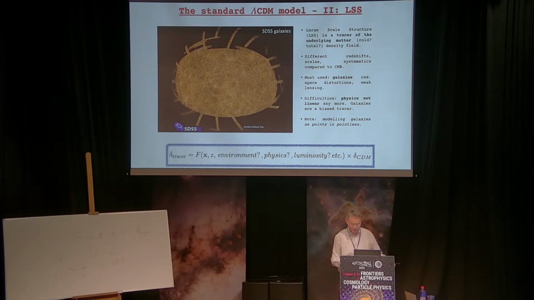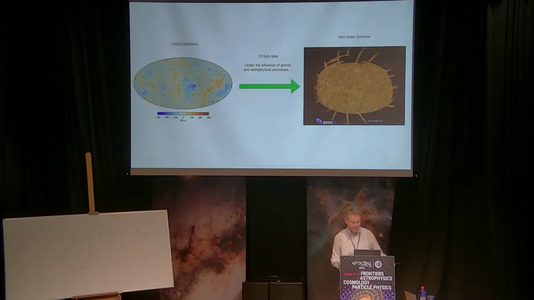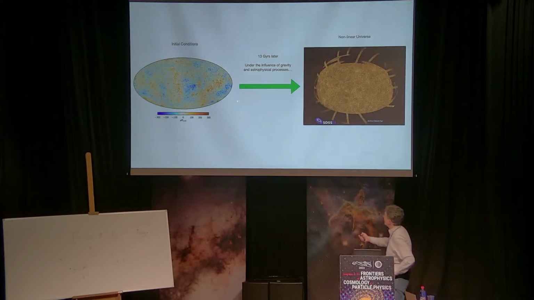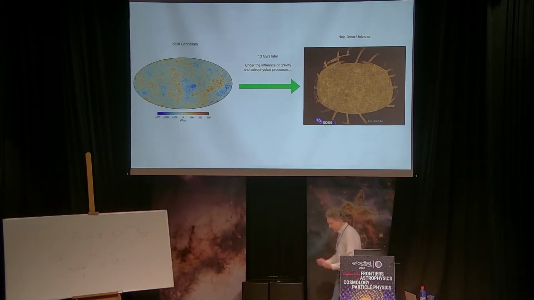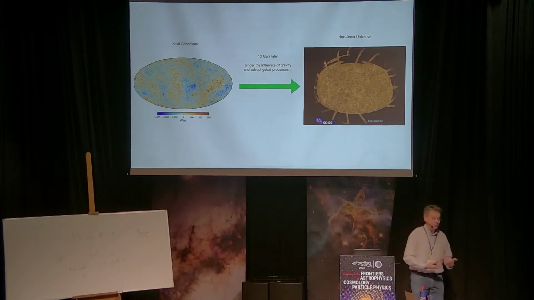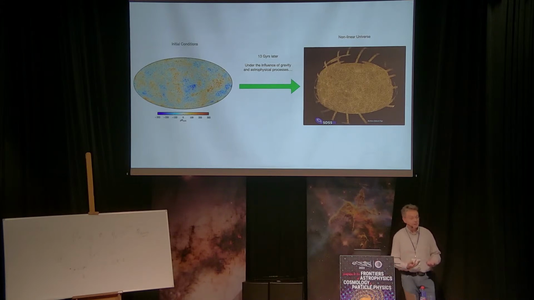And so in a way, we are lucky, because we do have initial conditions, and we want to evolve this initial condition down to this last picture that I showed you, throughout 13 giga-years of cosmic history in which gravitational processes, but also astrophysical processes, are coupled to each other to some extent, right?